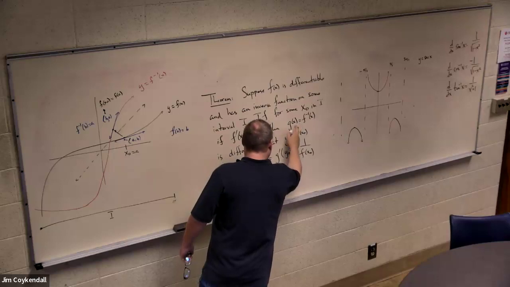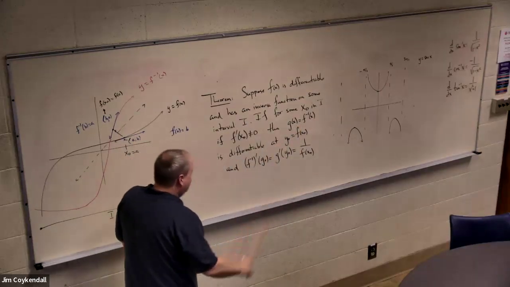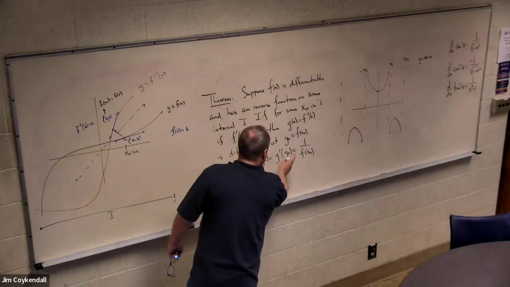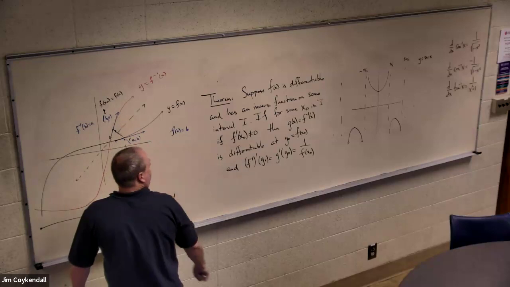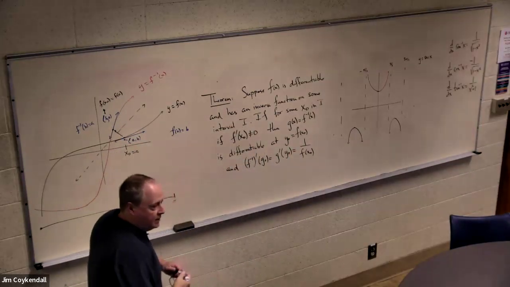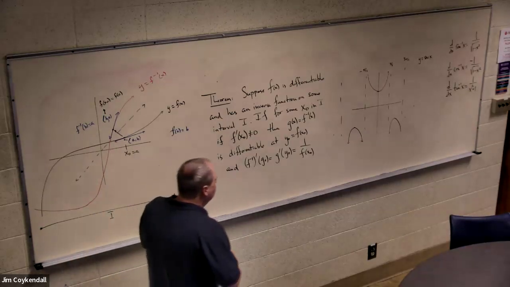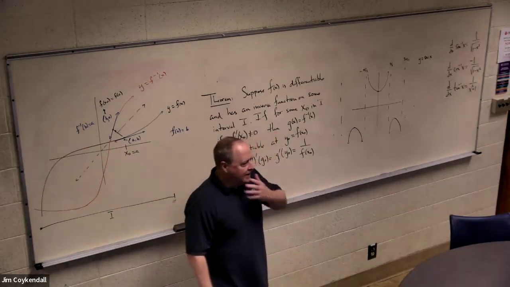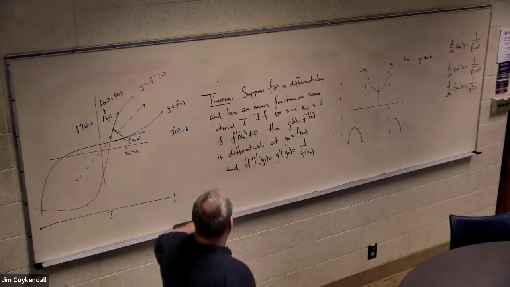Then the red function is differentiable at the mirror image point, and the slope of the tangent at that point is the reciprocal of the slope of the tangent at the original. That's all this says.